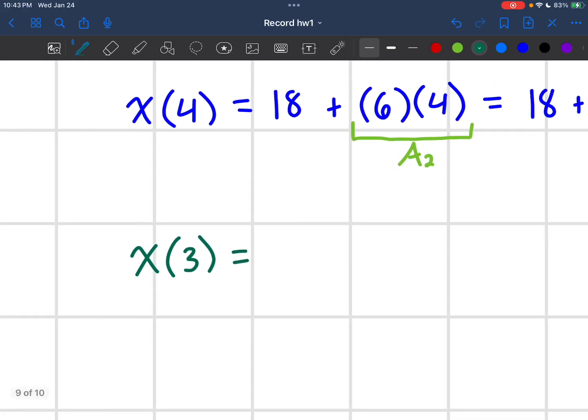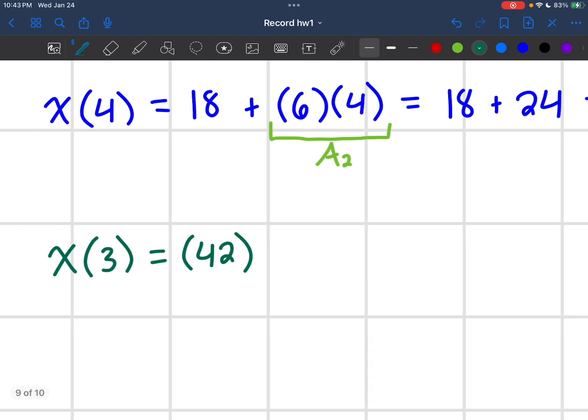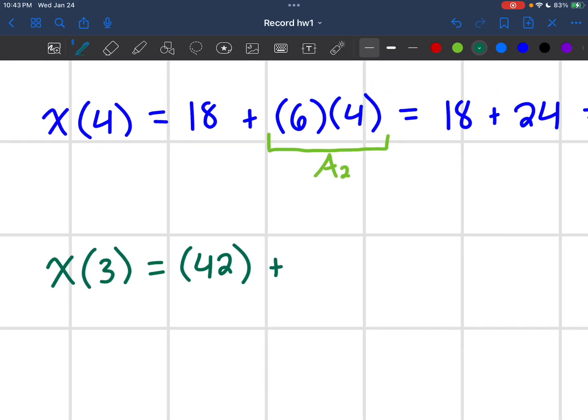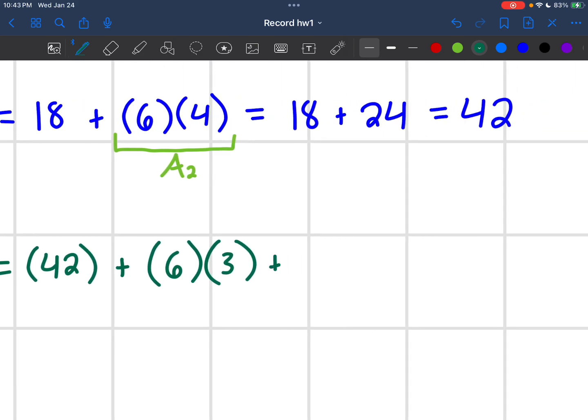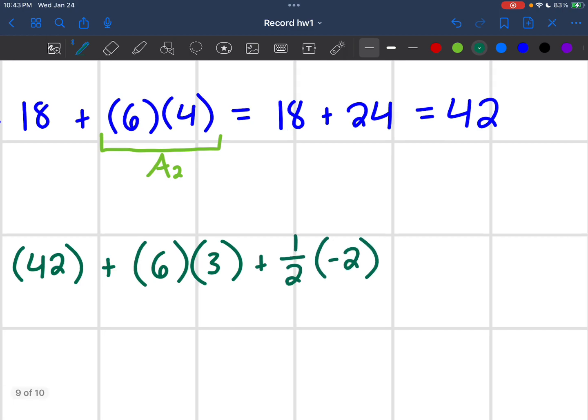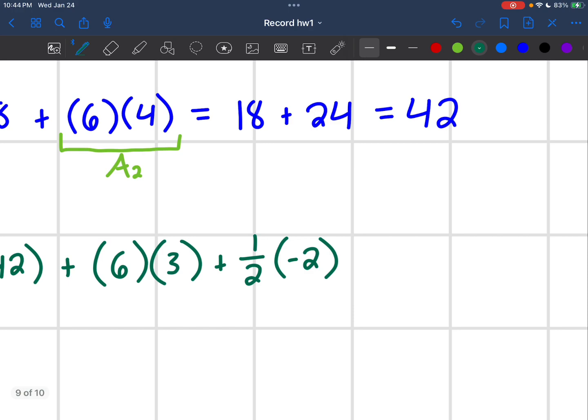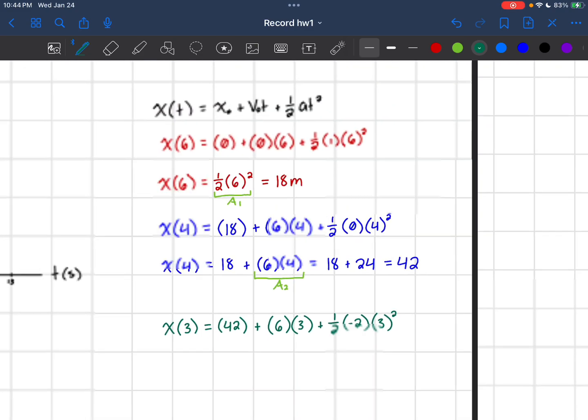My initial position is where I left off from before, my 42 meters at the end of that last chunk. My initial velocity was 6 meters per second. My time is 3 seconds. And my acceleration is that new acceleration, negative 2 meters per second squared. And again, my time is 3 seconds squared.